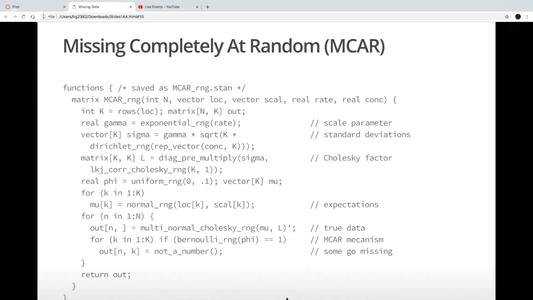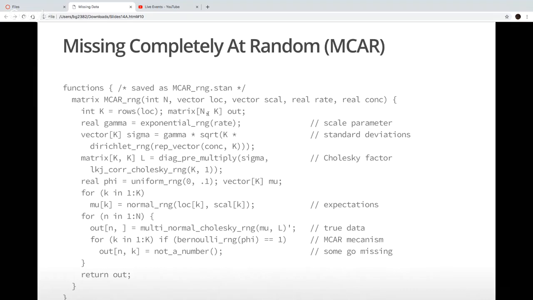We could call it s times if we wanted, but this is just going to be an n by k matrix. So we get k from the number of location parameters that we specify for our normal priors, and there's some other information that's going to need to go into these priors.